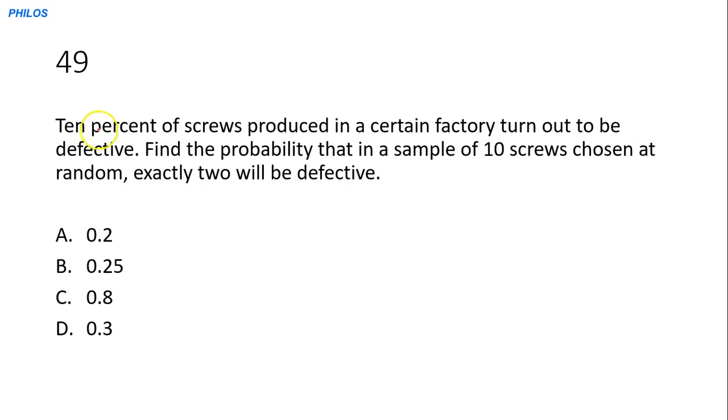Question 49. 10% of screws produced in a certain factory turn out to be defective. Find the probability that in a sample of 10 screws chosen at random, exactly 2 will be defective. Now, the probability that 1 is defective is what? 10%, which is 0.1. And how many screws? 10 screws. But the question wants us to find the probability that exactly 2 will be defective. Now, for this question, we are going to use Poisson to solve it. But before then, I want to use binomial, then we check something.